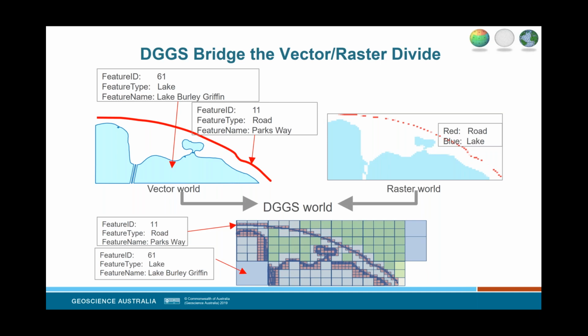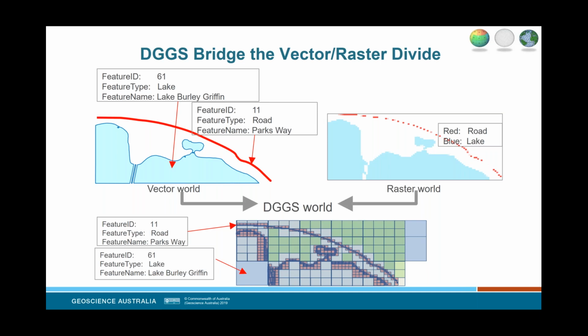But the problem you've got with vectors, and I'm sure this isn't a surprise to anyone on the call, is that when you're dealing with lots and lots of vector data and you want to do analytics on vectors, you've got to do lots and lots of spatial computations.